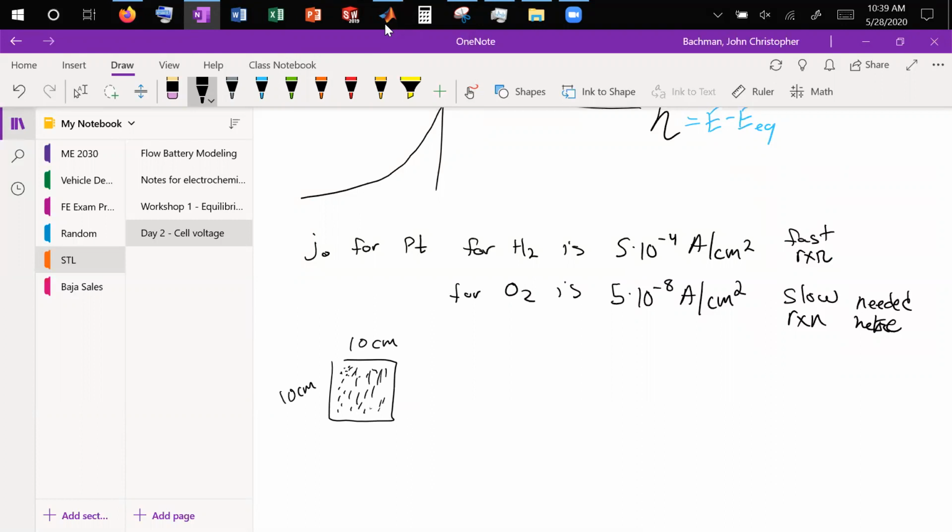So this will be a high surface area catalyst, maybe on the order of 1,000 times higher surface area.